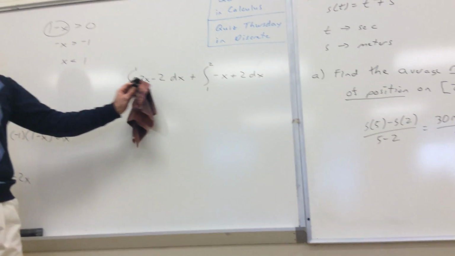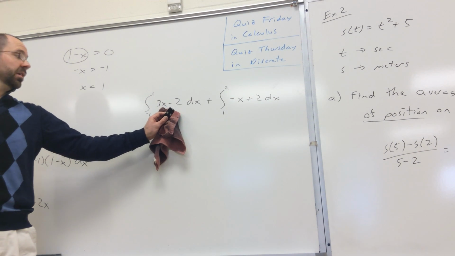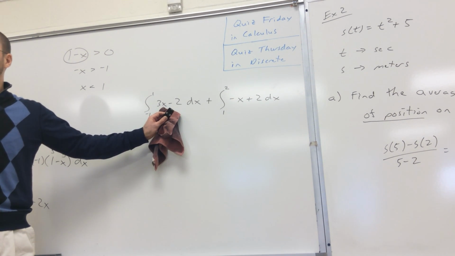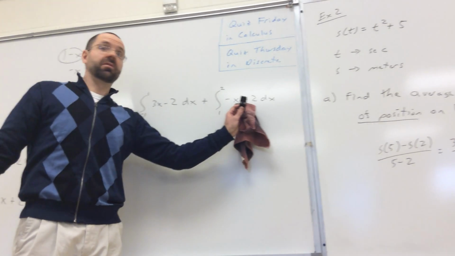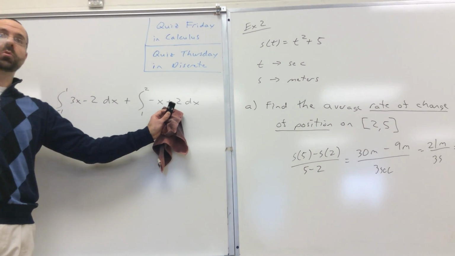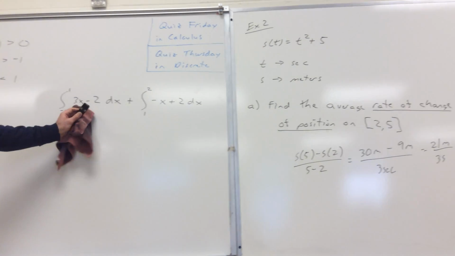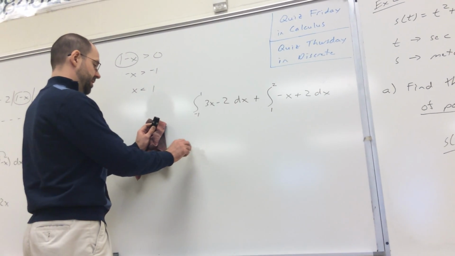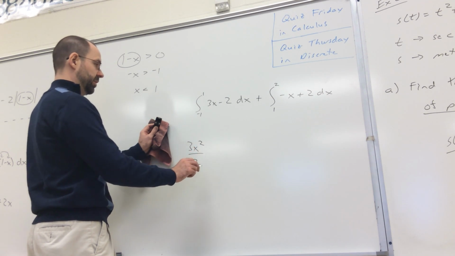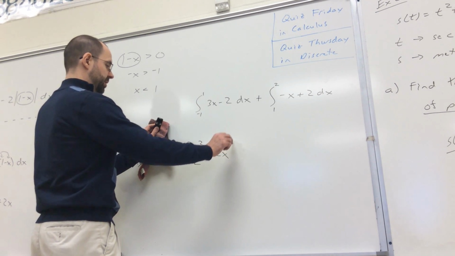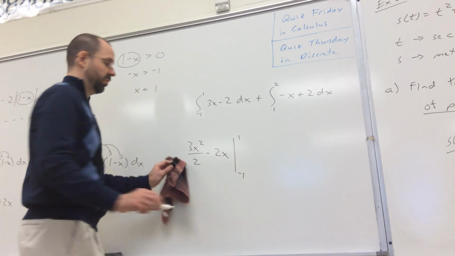Okay, so now I have to do antiderivative of this and plug in 1 and -1 and subtract. And then I need to do antiderivative of that and plug in 2 and 1 and subtract. So antiderivative of that is 3x squared over 2 minus 2x. That's from -1 to 1.